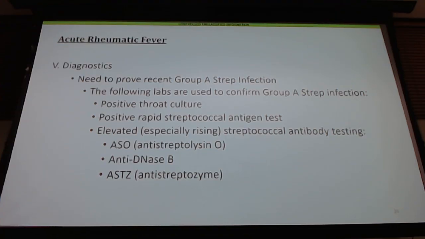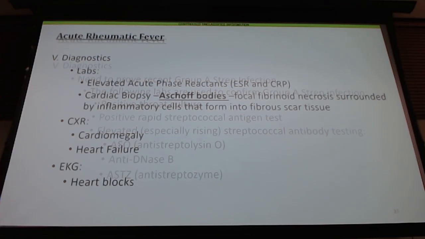But you do have antibody testing available to you to see if these titers are elevated, which would indicate a recent strep infection. Okay? So antibody testing, if you're concerned for rheumatic fever but your rapid strep test is negative and your throat culture is negative, then you can do this antibody testing for these 3 things to see if there is evidence of that recent strep A infection.